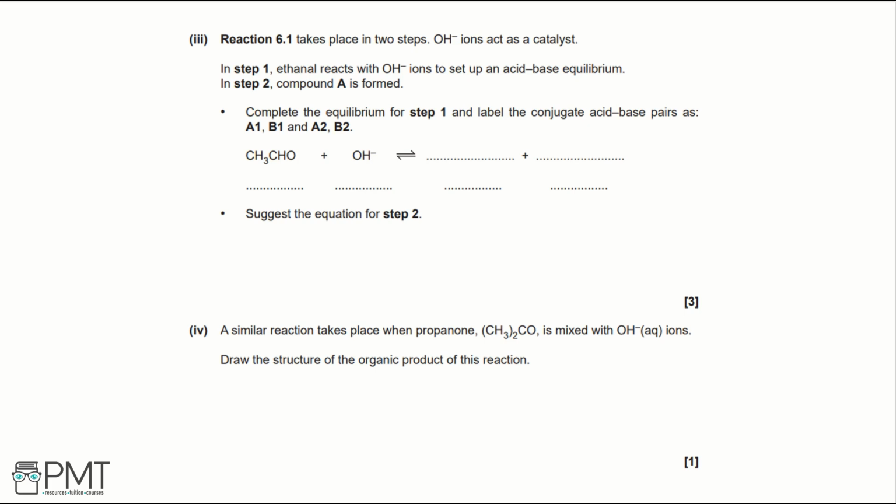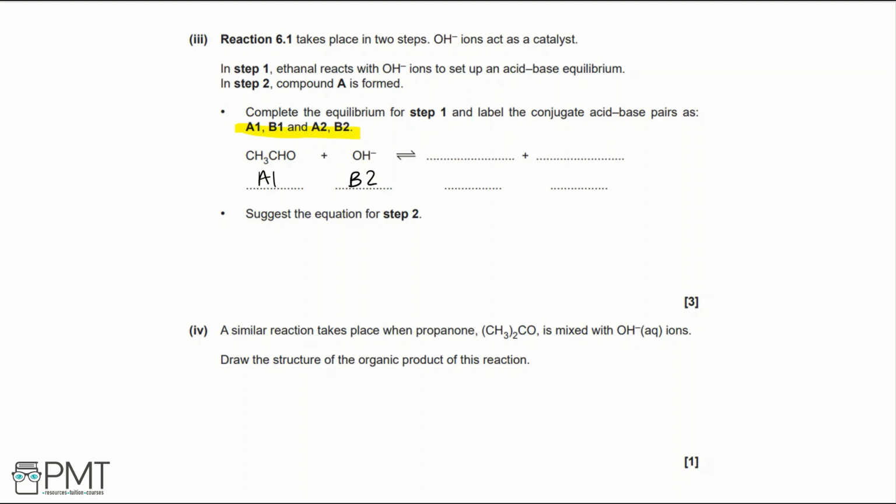Firstly, let's identify the acid and the base out of CH3CHO and OH-. The acid is CH3CHO, so we can label this A1 using the correct labels that we've been given in the question. Our base is then OH-, so we will label this B2.